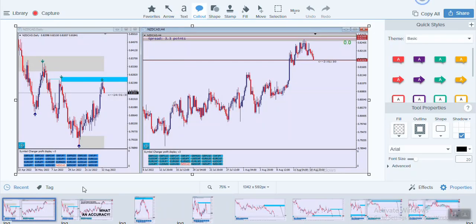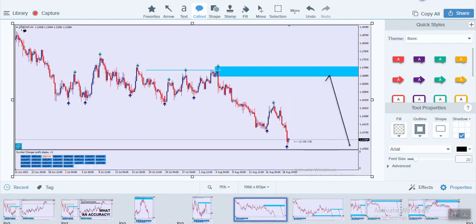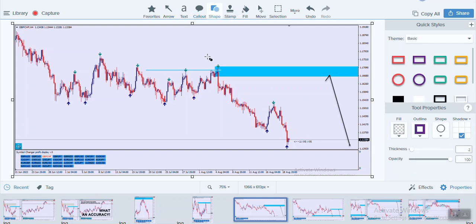Yes, so I'll be looking at GBP CHF. This is a 4-hour time frame. You can see there's another block here. Here I've identified my order block, and there was a previous high here.